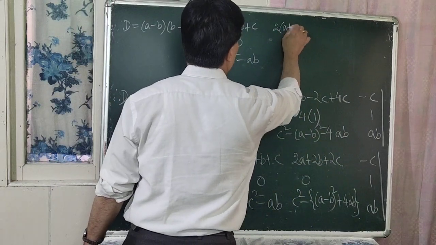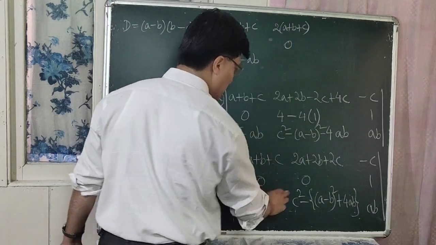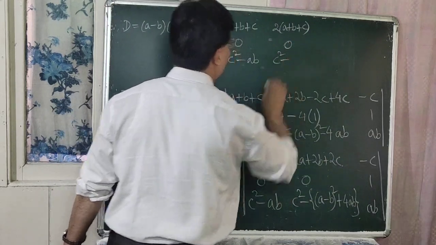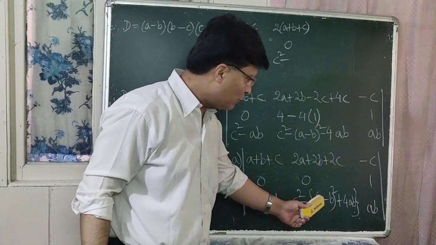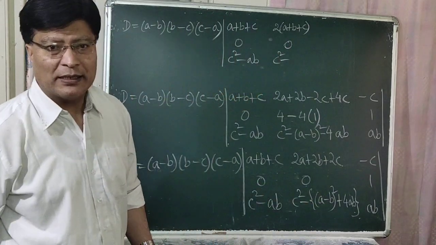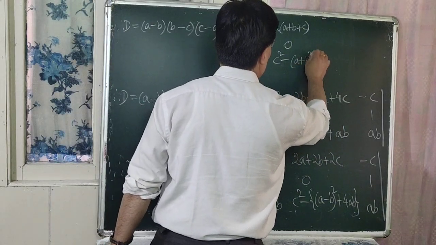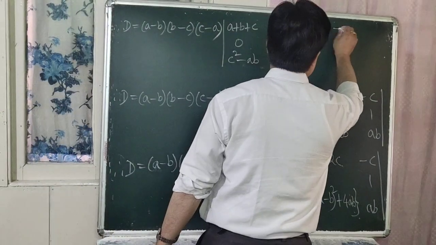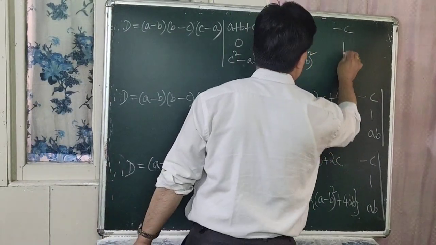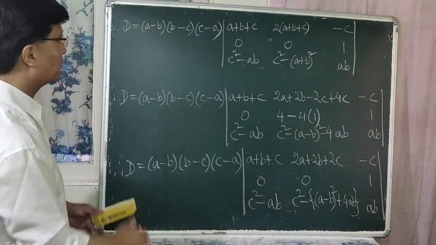Then comes 0, then comes c square minus. What is the formula that you can use here? Can you tell me what is a minus b whole square plus 4ab? It is a plus b whole square, right? And third column remains same, minus c, 1, ab. Is it clear?